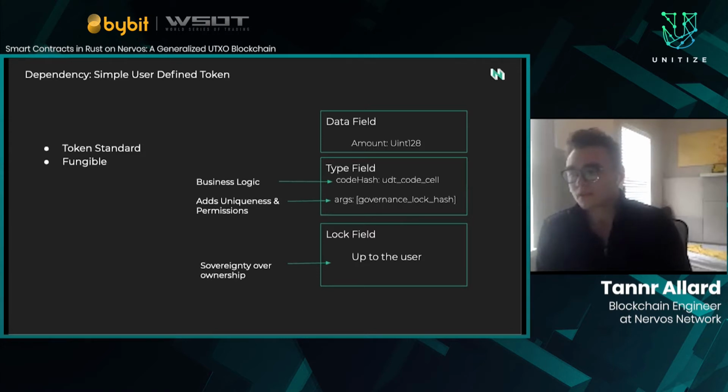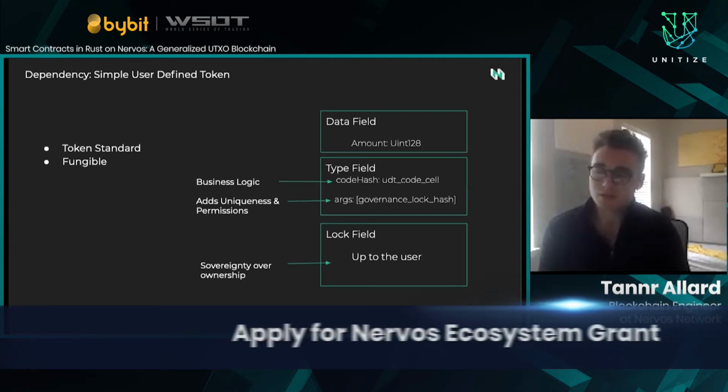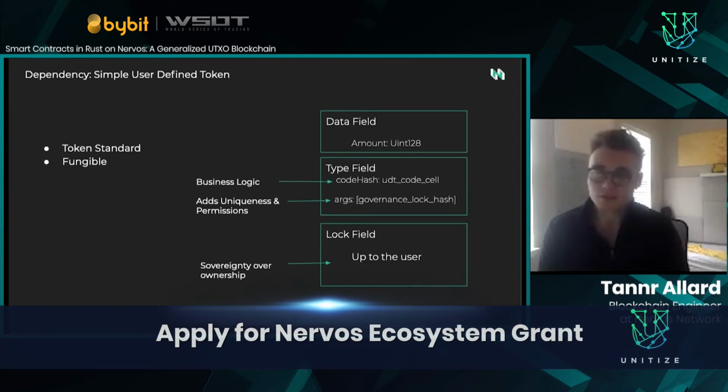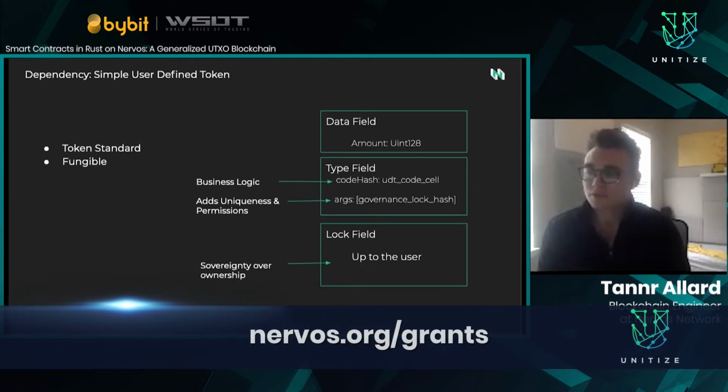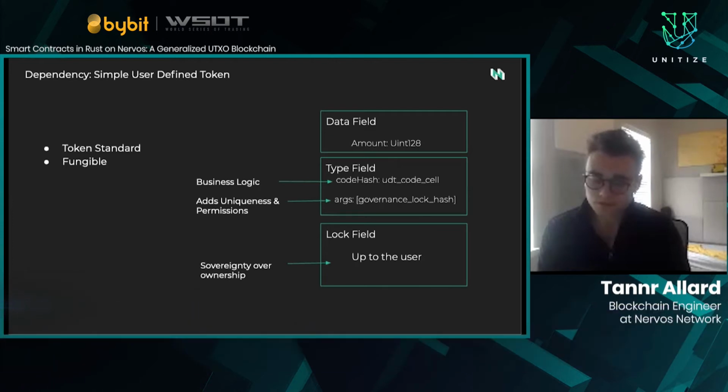And then we have this thing called the governance lock hash. The way that the user-defined token standard works is that if an input cell is locked with the lock script that hashes to this governance lock hash argument, then certain verification rules are basically circumvented or foregone.